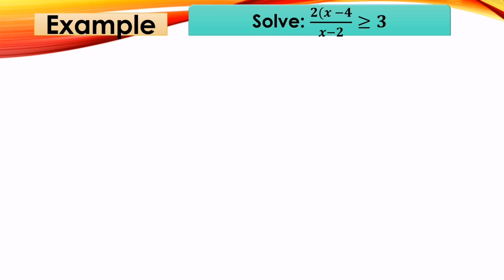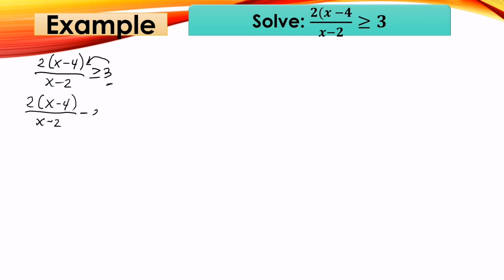Another example. So 2 times x minus 4 over x minus 2 is greater than or equal to 3. So again, sulat natin to into general form. From positive 3, pag nilipat on the left side, so magiging negative 3 is greater than or equal to 0.